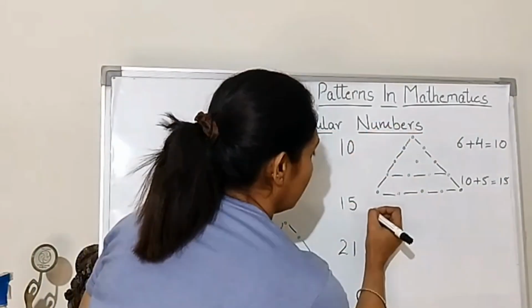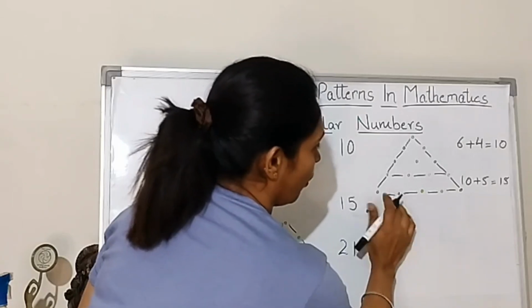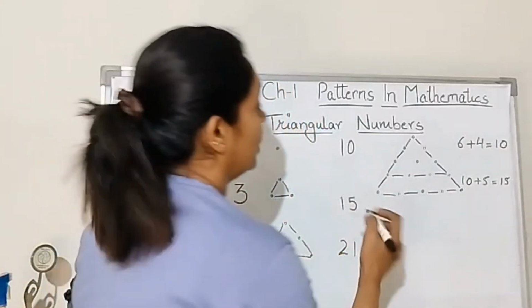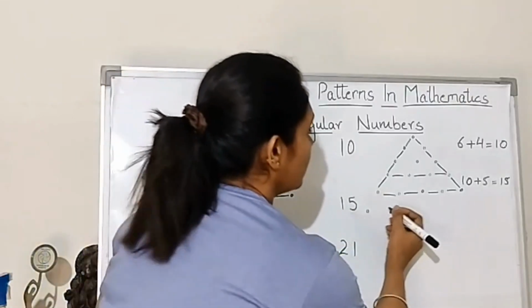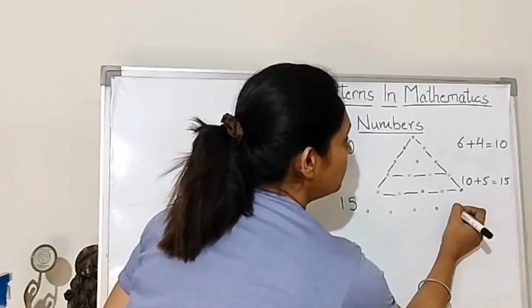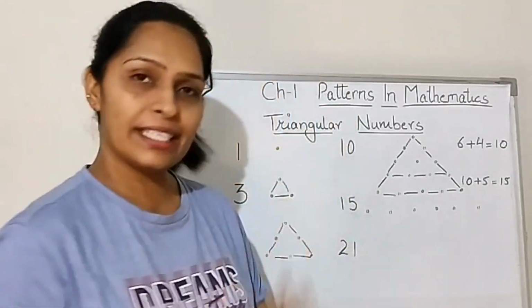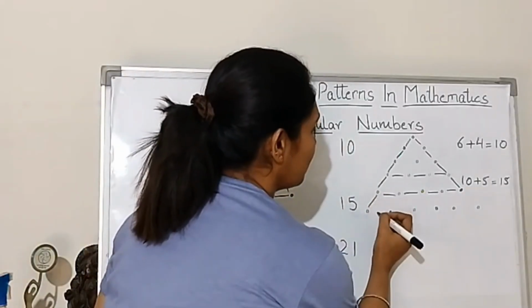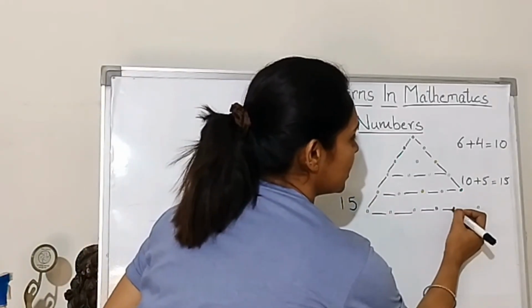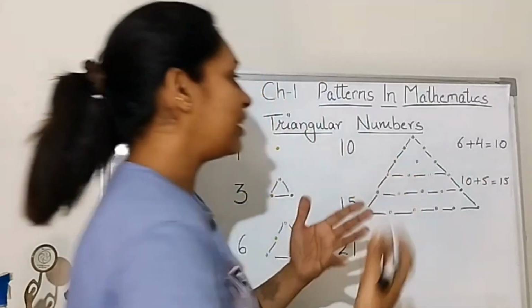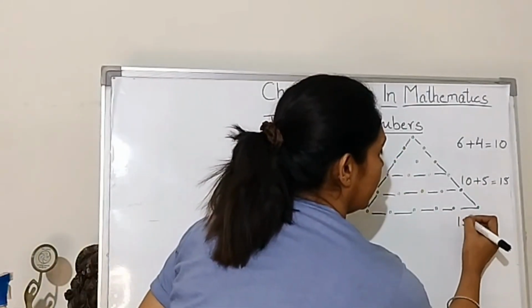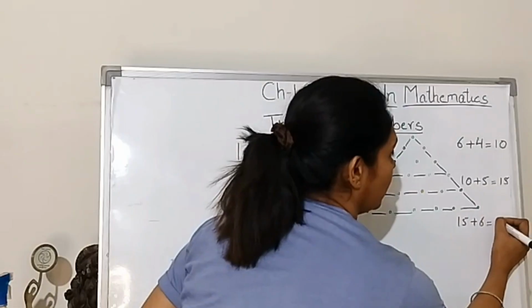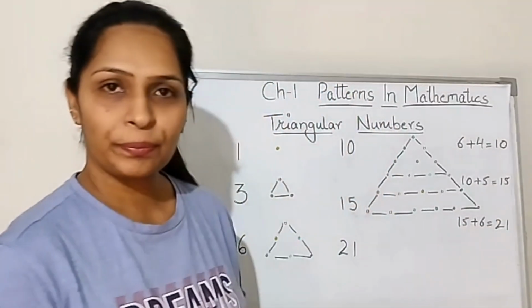So now I added 5 here, right? So let's check out if I'm going to get a triangular number again or not. So if I'm going to add here 6 dots now, you will be able to see that again we are getting a triangle. So this number is 15 plus 6, which gets me 21.